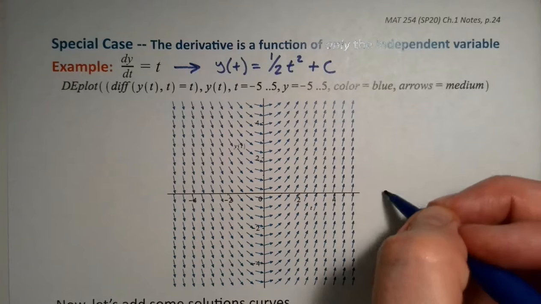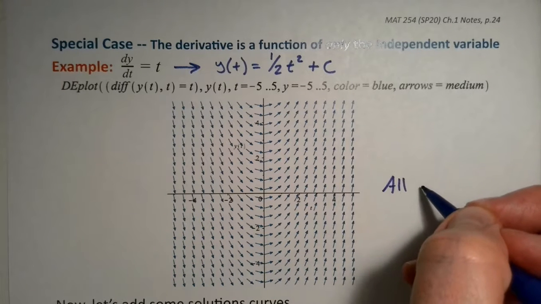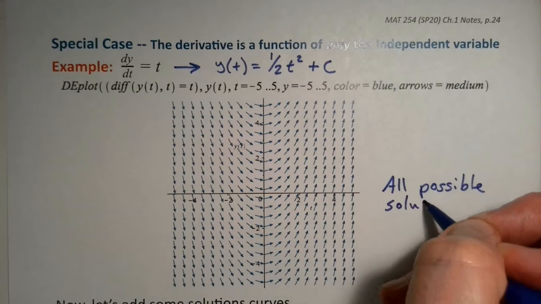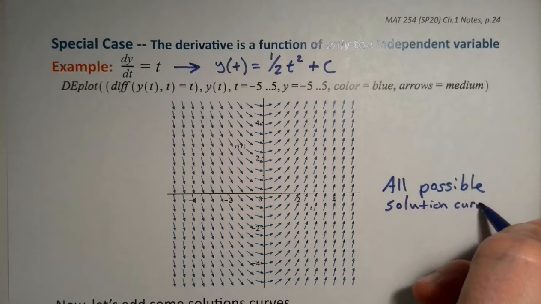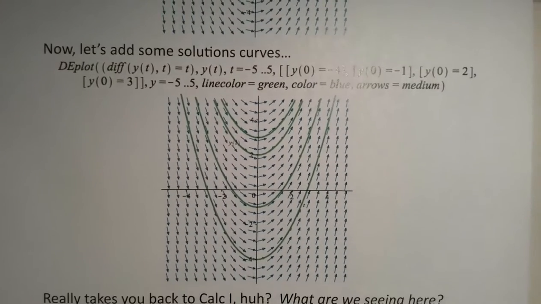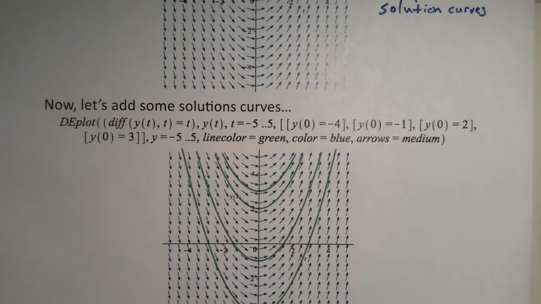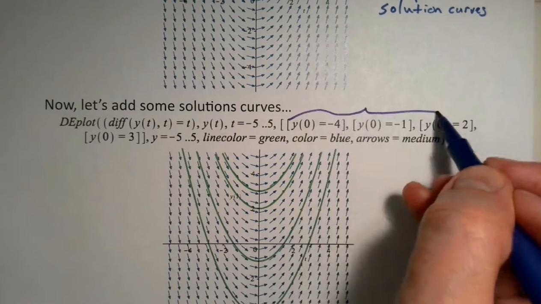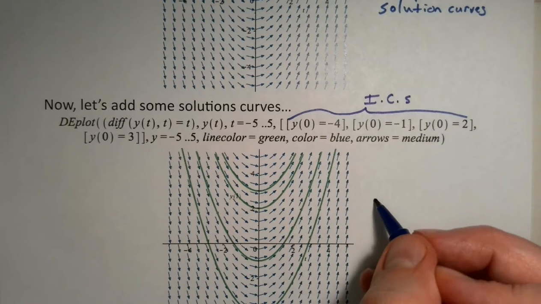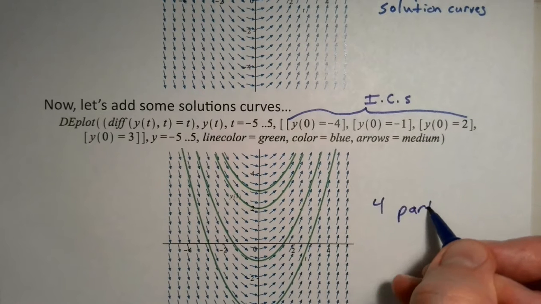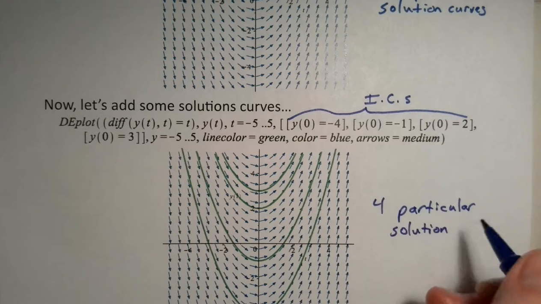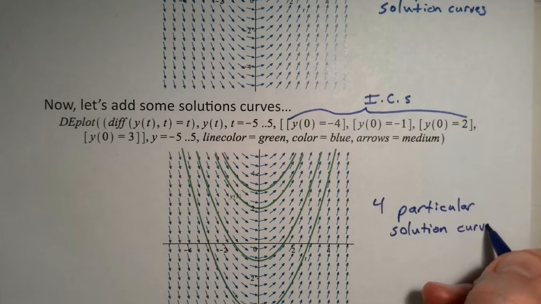So these are all the possible solution curves. And on the next graph below, we add some solution curves, which are the initial conditions. These are 4 particular solutions, and on this graph they'd be solution curves.